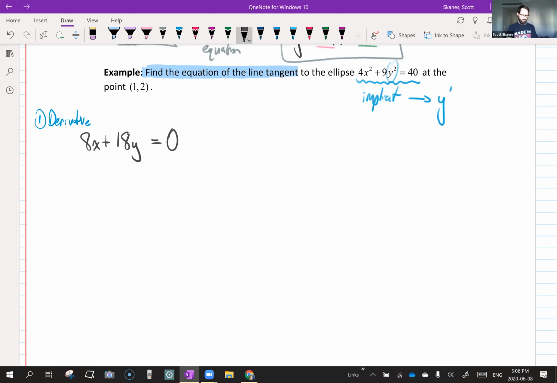Is that good? This is okay? Remember, the entire question is based on this first step. If I make a mistake in this first step, you cannot do the rest. We're solving for y prime.